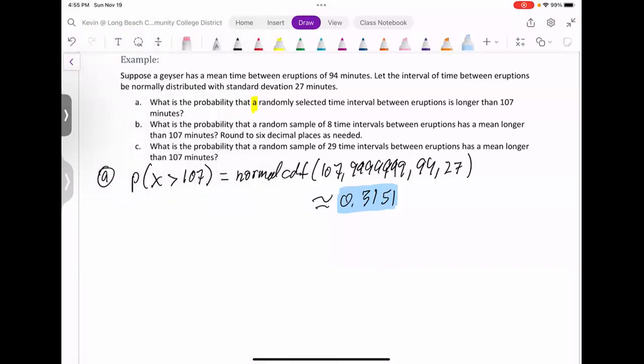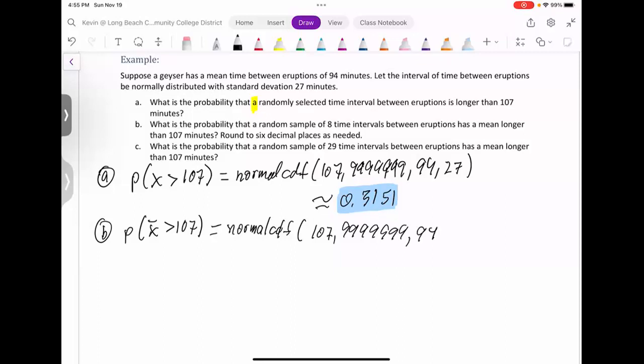However, for part B, they want to know what's the probability of a random sample of 8. Now we have an n, a random sample of 8 time intervals between eruptions, has a mean longer than 107 minutes. So this is X bar is bigger than 107. That's normal CDF, 107 to infinity.